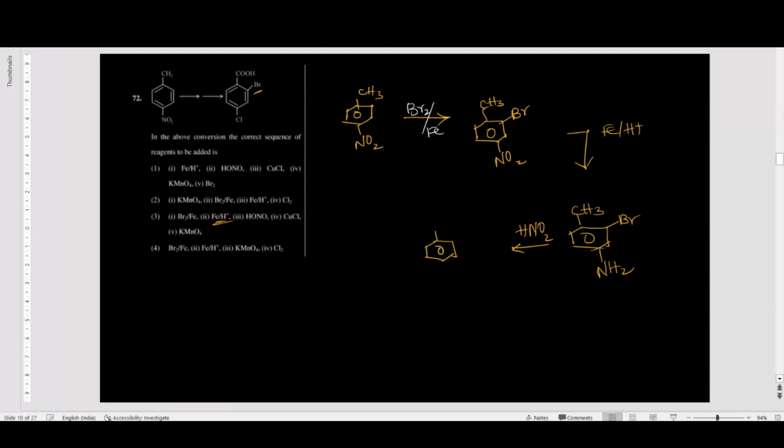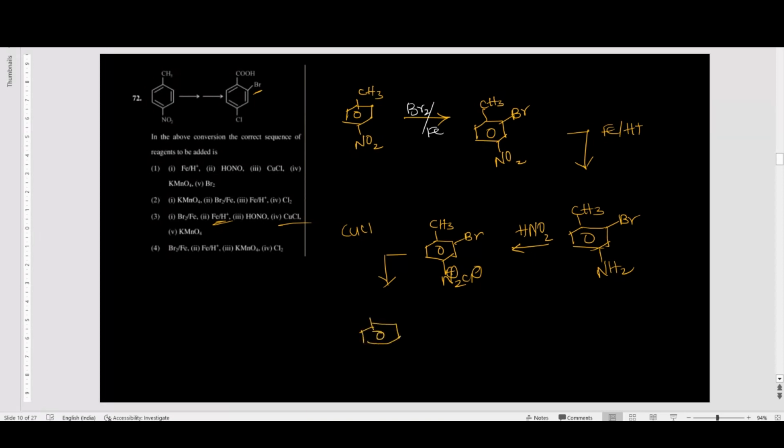Then we will get here CH3 and Br, and here it will convert to N2 plus Cl minus. In order to replace this group with chlorine, we can take CuCl. The replacement of the N2 plus Cl minus with a halogen, those reactions are called Sandmeyer reactions, right?